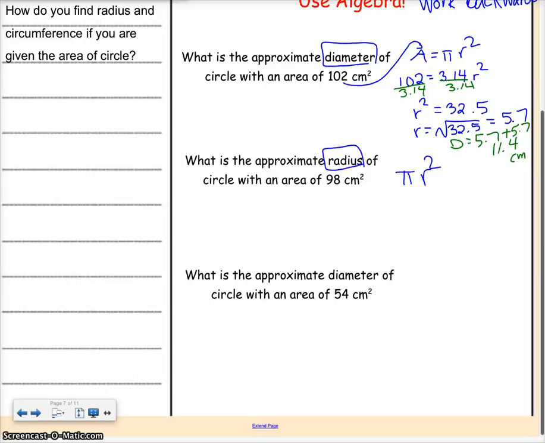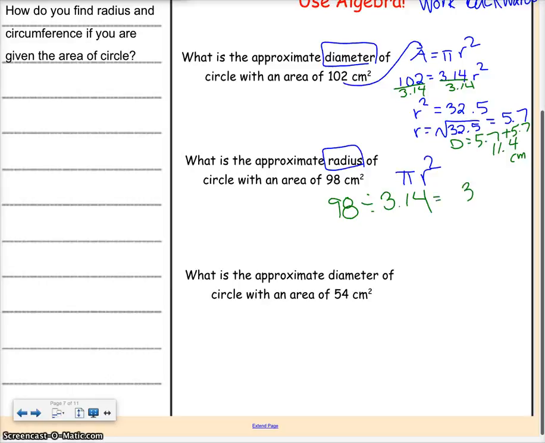So here I have 98. Instead of timesing by pi, the backwards thing would be to divide by pi. Divide by 3.14. 98 divided by 3.14 is 31.2. Since I rounded that one to the tenth, might as well round this one to the tenth.